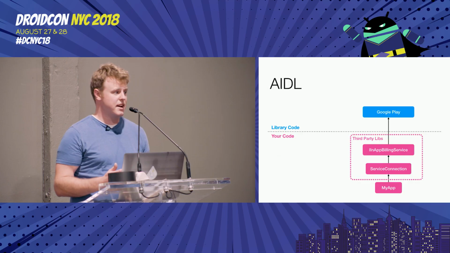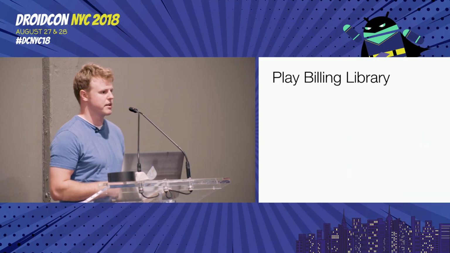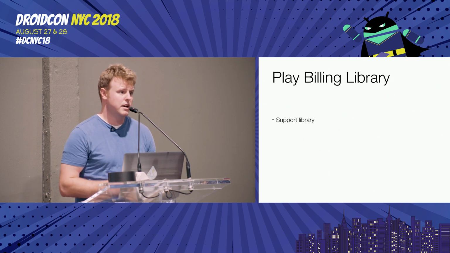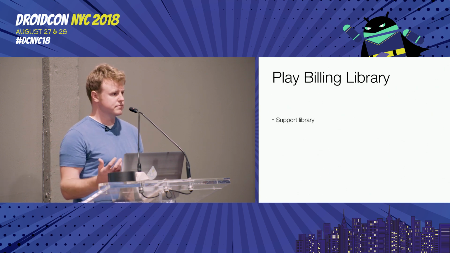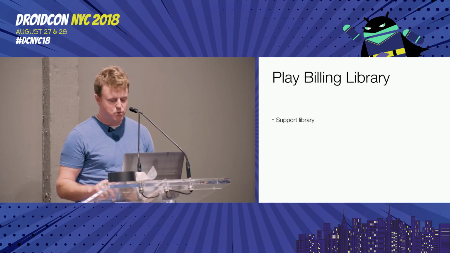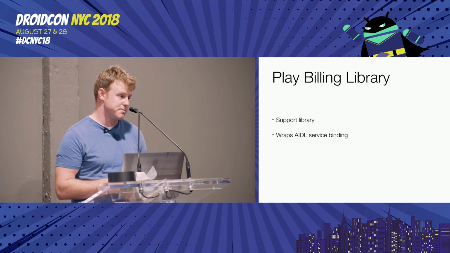So, because of that, a couple years ago, Google released something called the Play Billing Library. And the Play Billing Library is part of the support library, Jetpack, AndroidX nowadays.